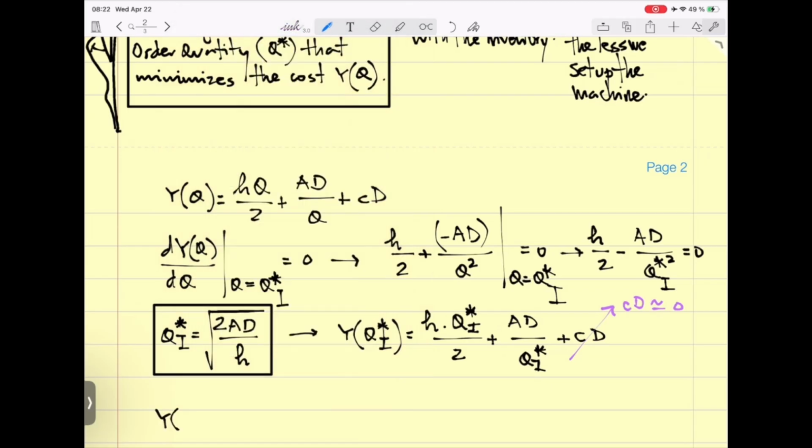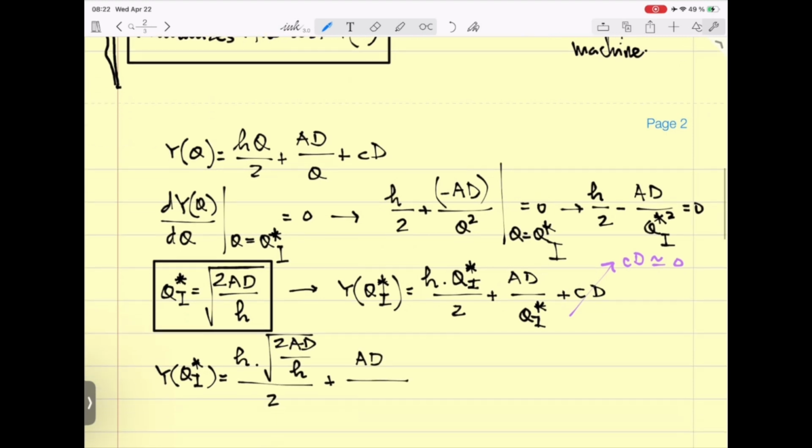Then epsilon of q1 star equals h times the square root of 2ad divided by h, divided by 2, plus ad divided by the square root of 2ad divided by h.